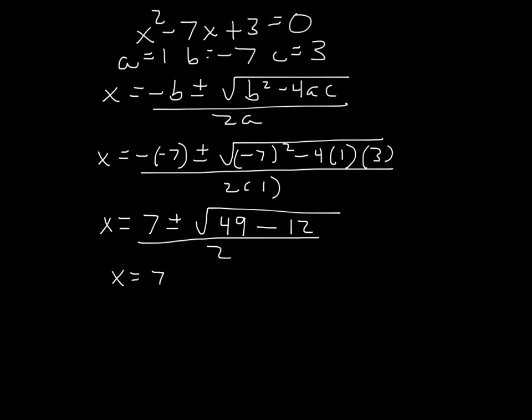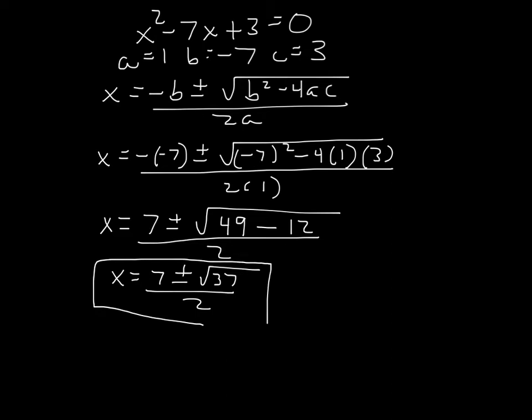X equals 7 plus or minus square root 49 minus 12, I believe, is 37, and then over 2. That's it. That's the best we can do with that problem without just going on a calculator and getting a decimal answer. I don't care about the decimal answer. I just care that if we wanted the decimal answer, we could get it right now. But we're good with that.